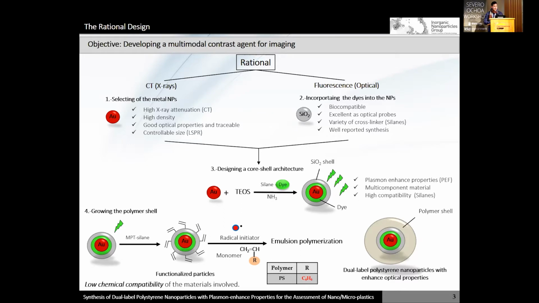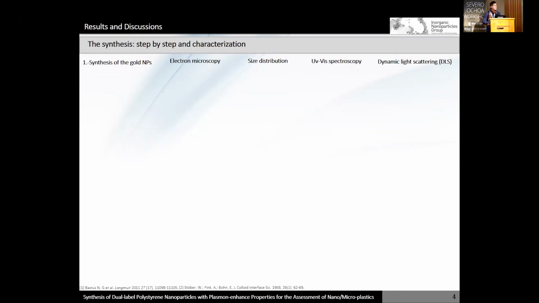So let's see the synthesis step by step. First, I synthesize the gold nanoparticles. I use the principle of Turkevich. Basically, I reduce a gold salt using sodium citrate as a reductor and also as a stabilizer to nucleate and grow the particles. But in order to achieve our desired size, we applied a well-reported seeded growth method from Bastos et al.